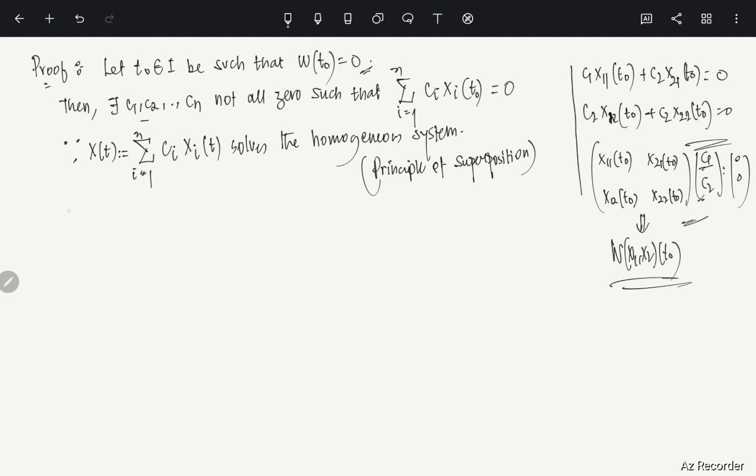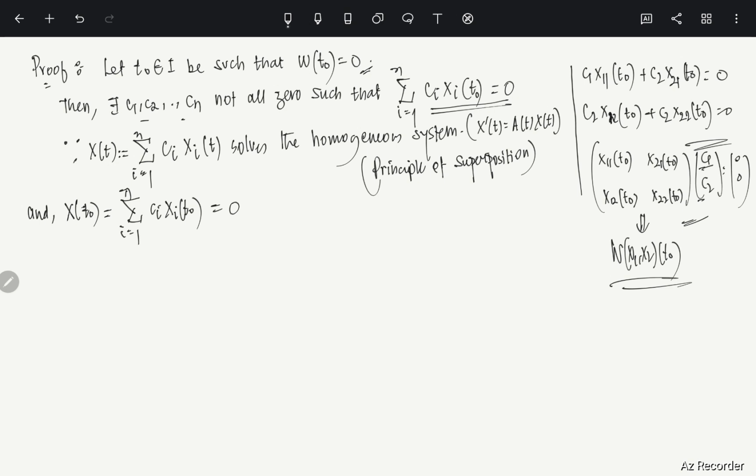Now you see what happens to x at the point t naught. That is nothing but the summation i equals 1 to n of Ci xi at the point t naught, and for these Ci's, that summation is 0. So you have x of t satisfying the homogeneous system, x prime of t equals A times x of t, and x at the point t naught is 0.